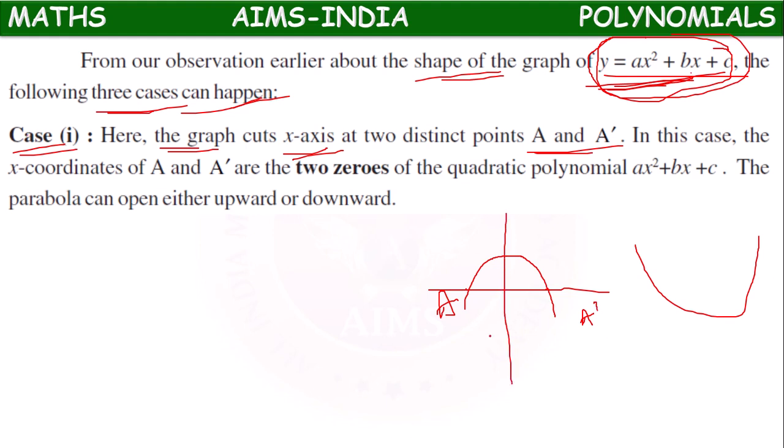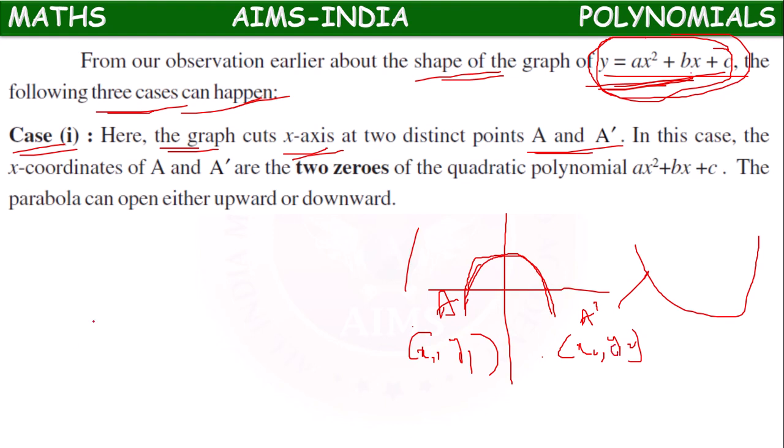Means whatever quadratic equation is there, if we represent it with the help of a parabola, it may cut the x-axis at two distinct points, A and A dash. Here x1 comma y1 will be there, and at A dash also, x2 comma y2 will be there.